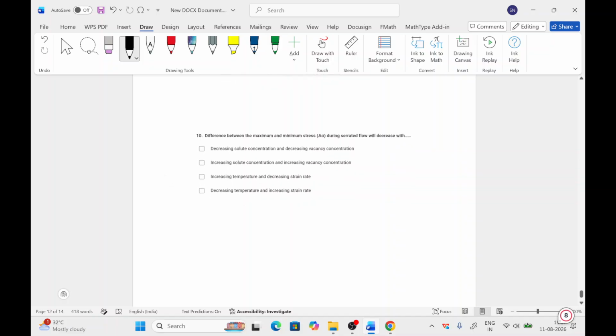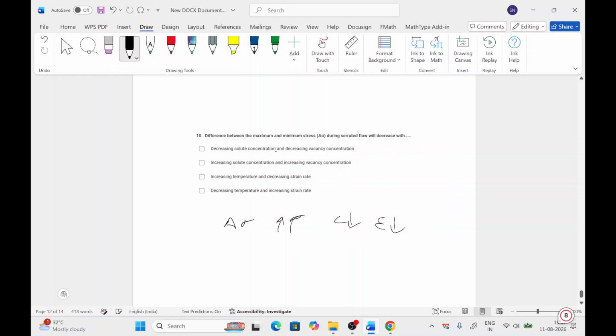Tenth question: the difference between the maximum and minimum stress during serrated flow, delta sigma, will decrease with. It increases with time, increases with temperature, and decreases with solute concentration and decreases with strain rate.